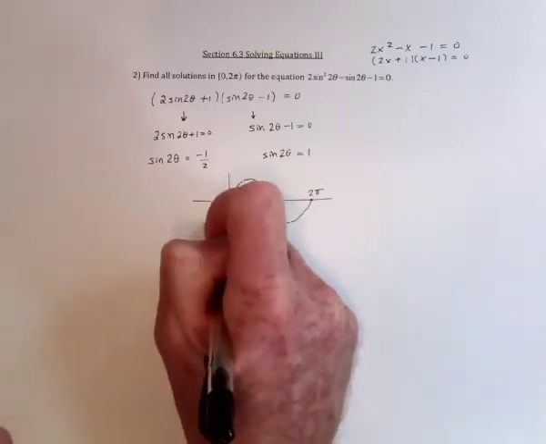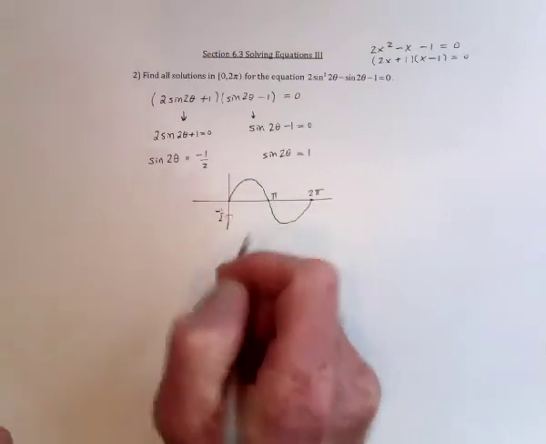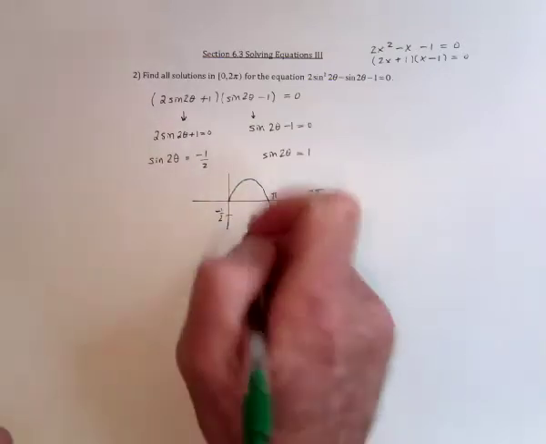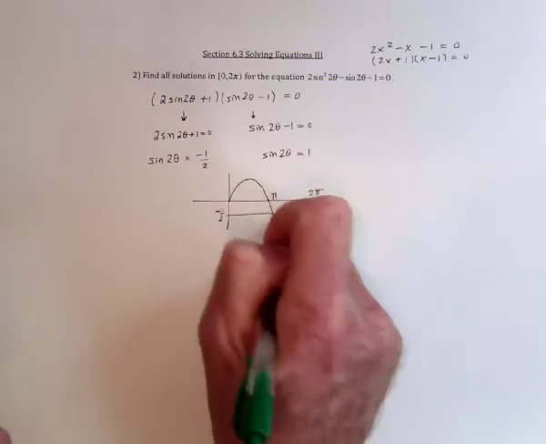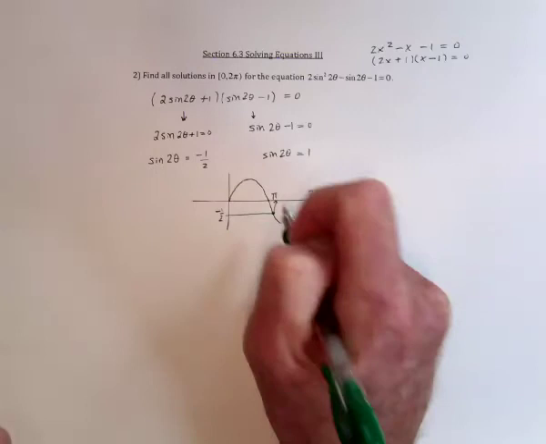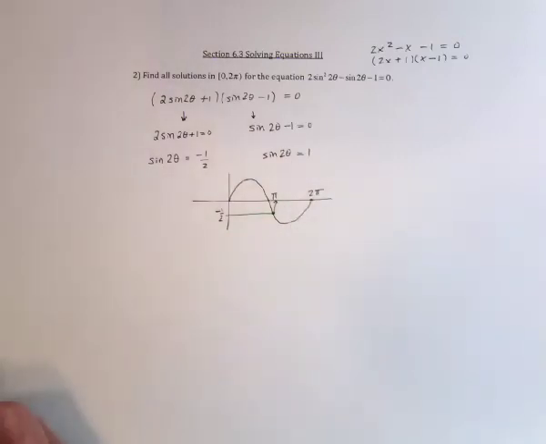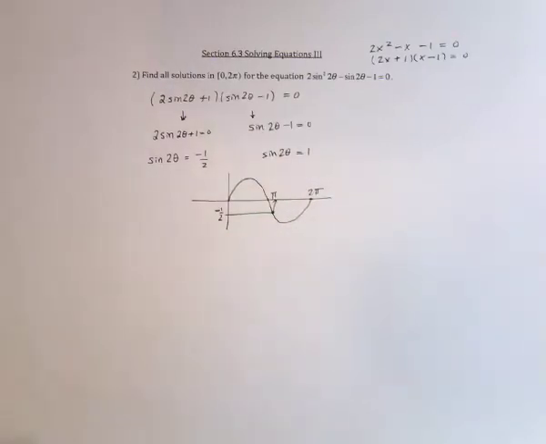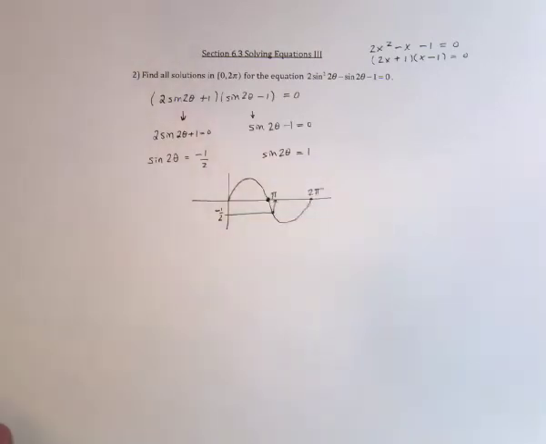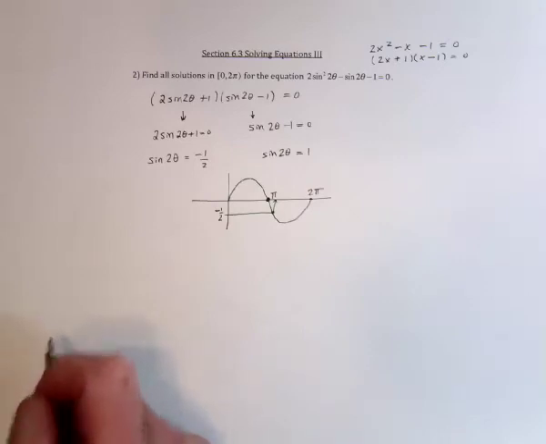So here's negative 1/2. And then if you go over to the graph right here, just to the right of pi, is going to be one of the solutions. So that dot for pi should be right there. And then just to the right of that dot is going to be one of the solutions.